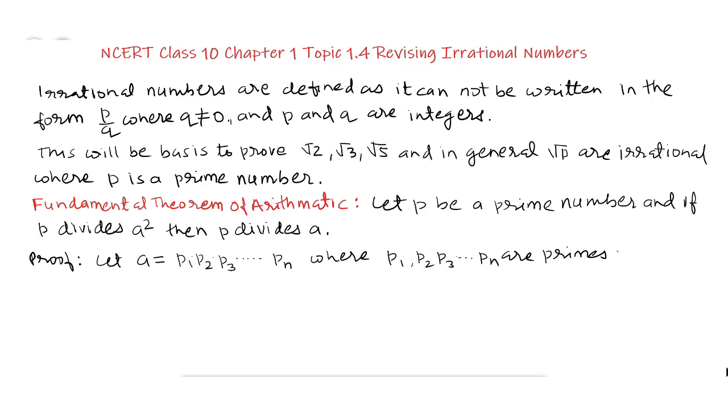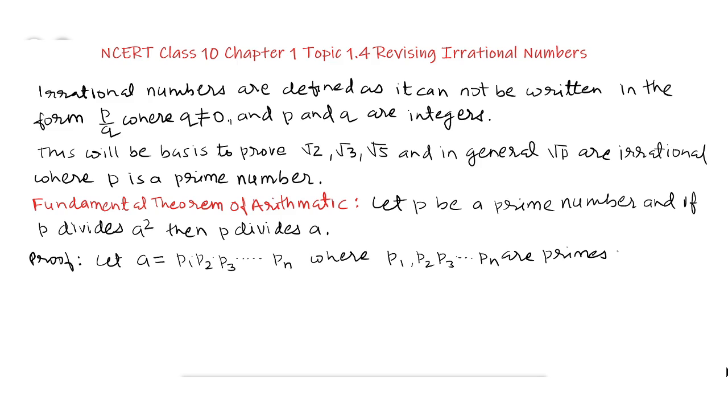Fundamental theorem of arithmetic. Let p be a prime number and if p divides a square then p divides a. So we give the proof of it. Let a equal to p1, p2, p3, ..., pn, where p1, p2, p3, pn are primes.